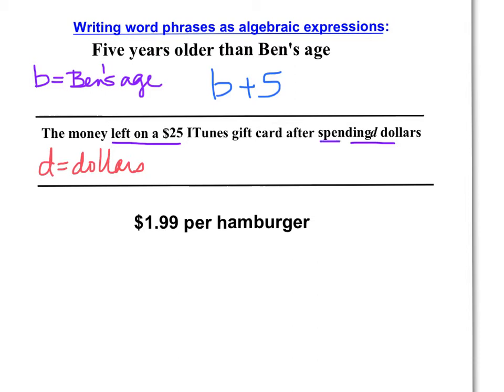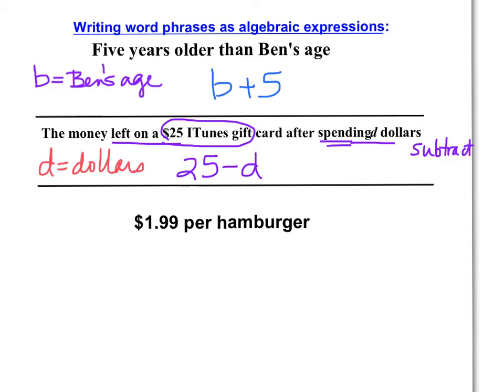Well, if you're going to spend money, that actually means you're going to subtract, right? But you're going to subtract money from this gift card. So this gift card is what you start off with. And I want to take away the D dollars because that's how much money we're going to spend. Could be spending $5, $10, $20, but I know I have to take it away from the $25 gift card.